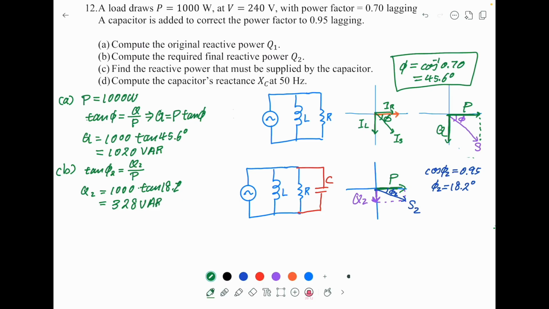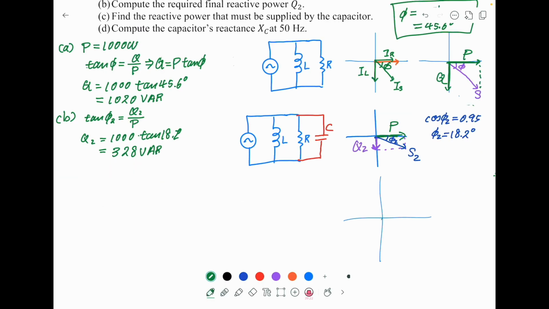So why is it reduced? Because now you can see here, originally we have a Q here. This is Q1, and this is equal to 1020. Now because you put a capacitor, the capacitor has another Q. This is QC, and the sum of these two is equal to here. So this is your Q2.